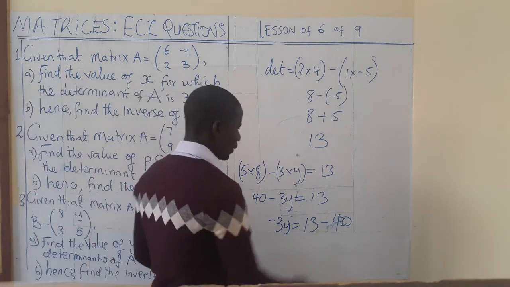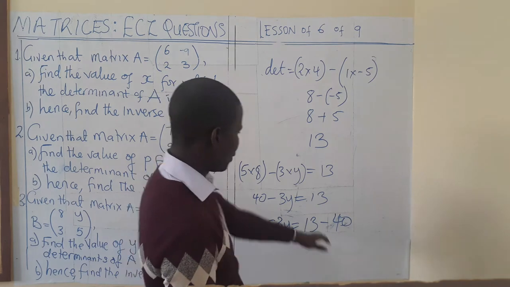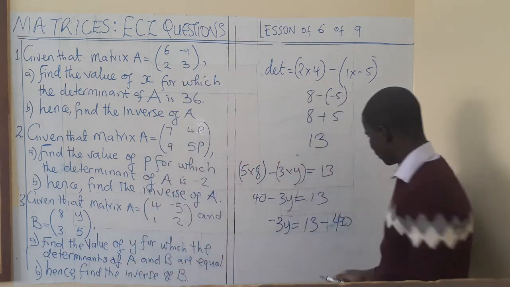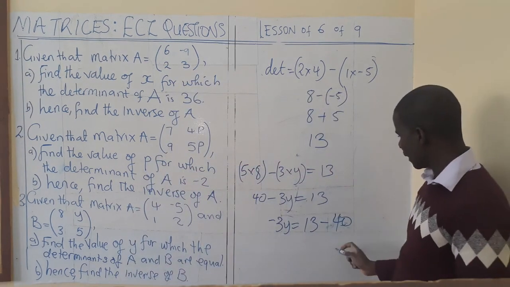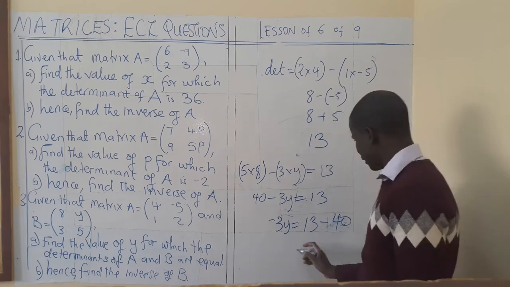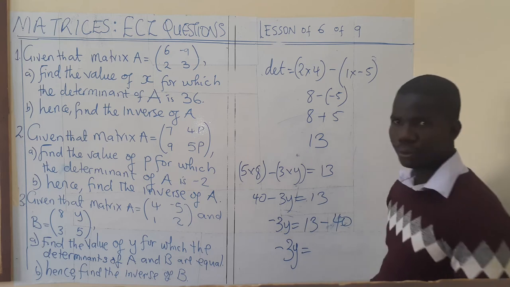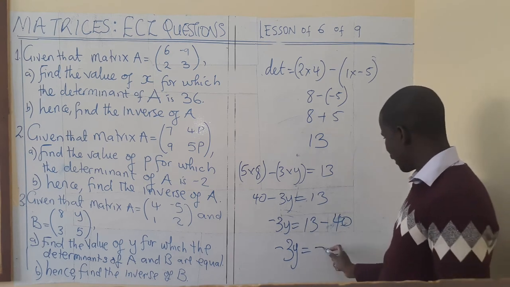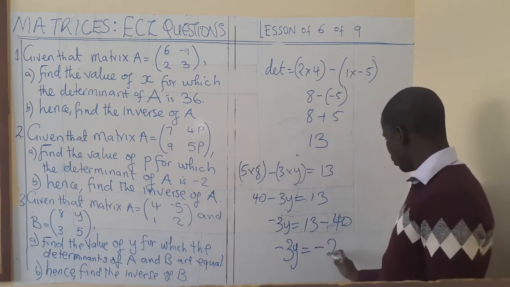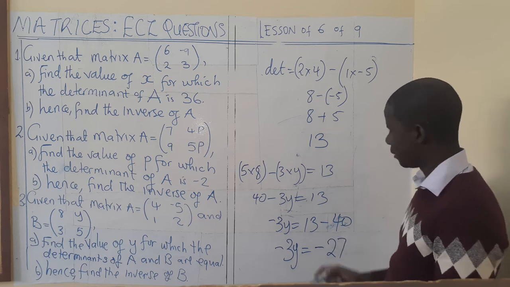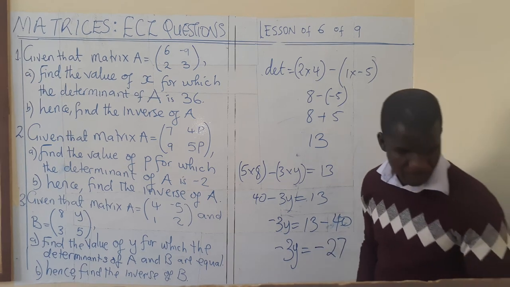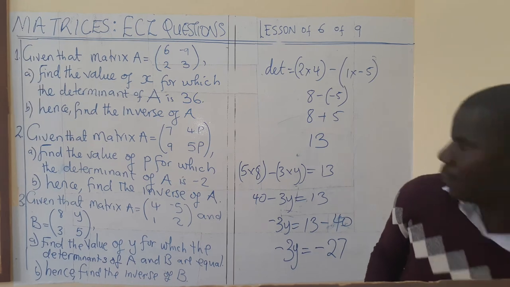At this point, what do we get? Minus 3y is equal to, what are we getting here? We get negative 27.